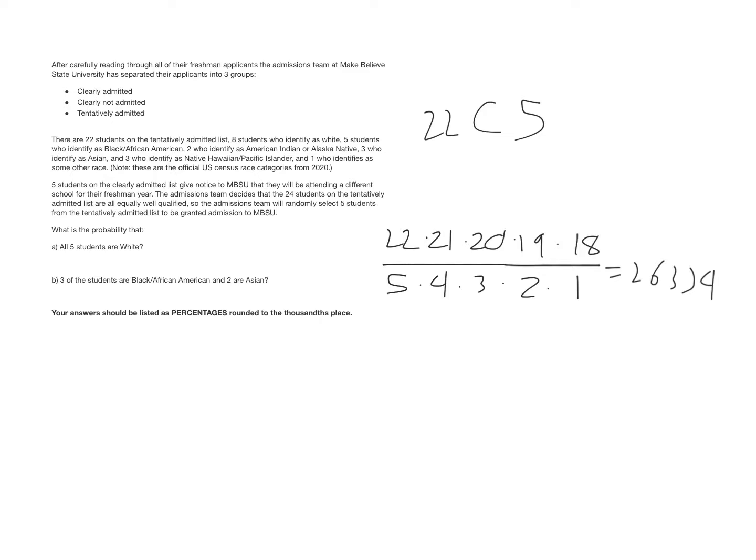Now I'm actually interested in the probability that all 5 students are white. So of the 8 students who identify as white, how many ways can I choose 5 of them? Similarly, that's going to be 8 choose 5.